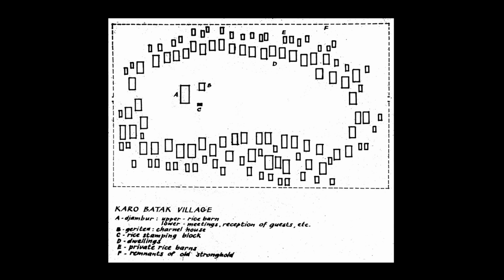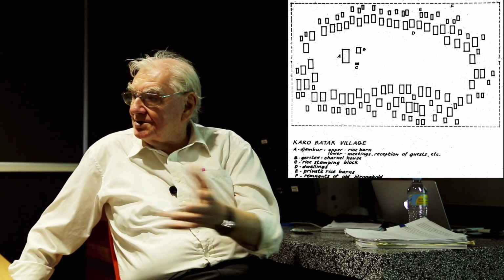Now, I should point out at this point that we're not talking about all of the buildings in all of South Asia. We're talking about those buildings that are relics of the Dongsang culture. And that represents about a third of all the villages in Southeast Asia.